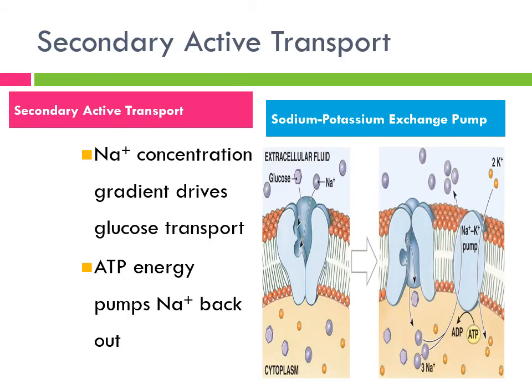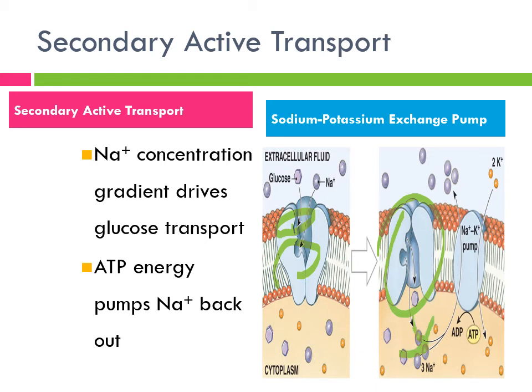Secondary active transport happens with sodium concentration gradients that are driving glucose transport. So we've got a transport protein where there's a glucose receptor and there's also a sodium receptor. So the sodium binds and the glucose binds. That allows this protein to change shape and it's going to drop the glucose and the sodium into the cell.